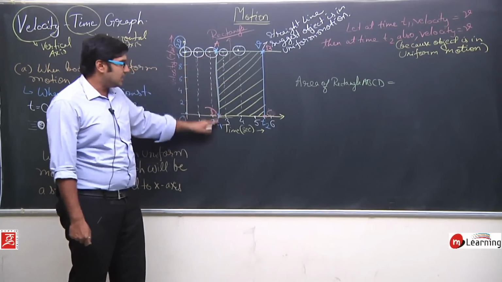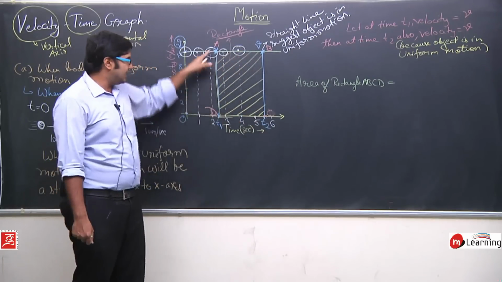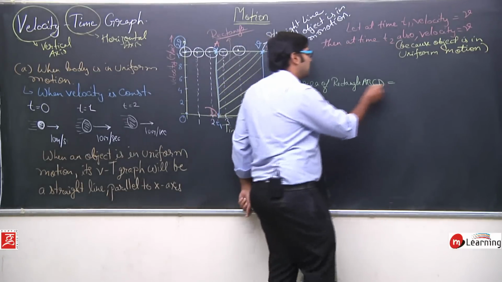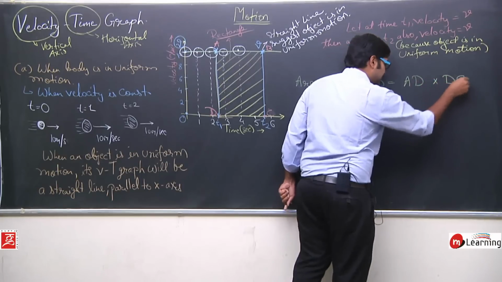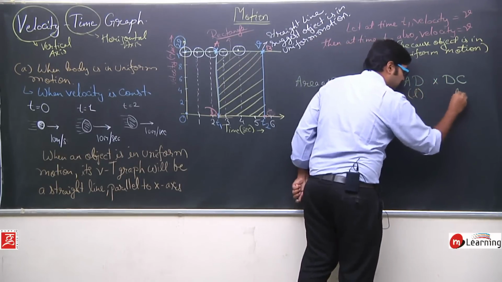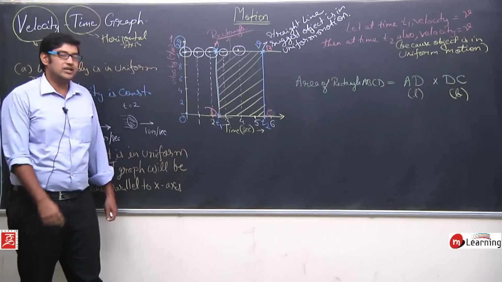Length is this AD and breadth is this DC, or you can say AB. So the area of the rectangle will be AD into DC, that is length into breadth.